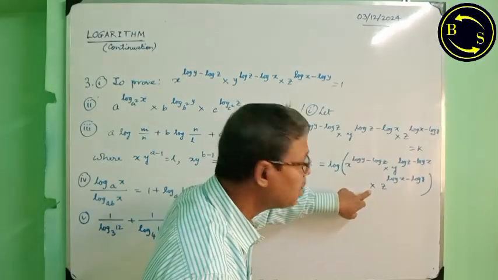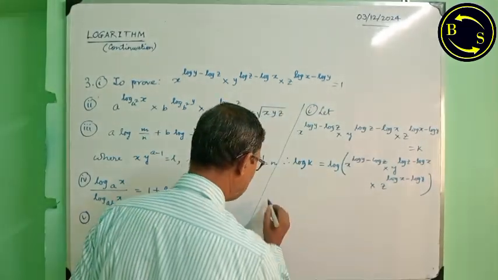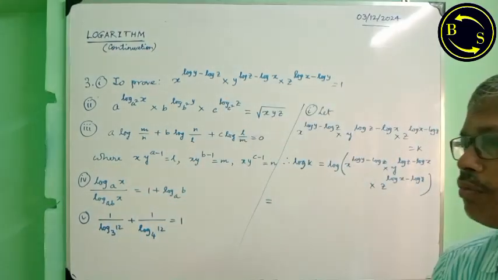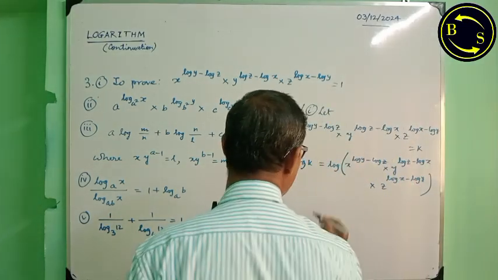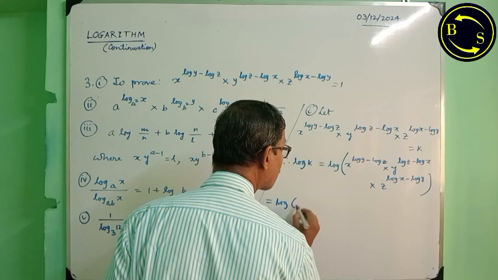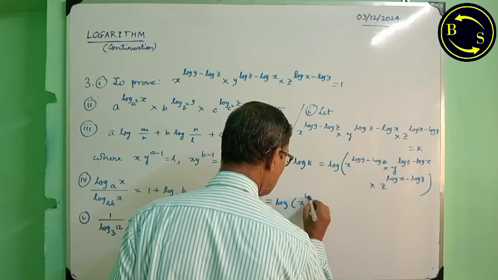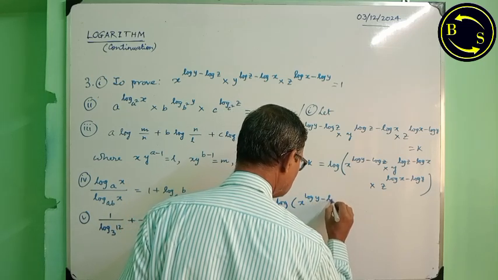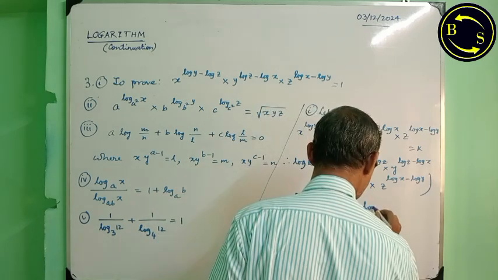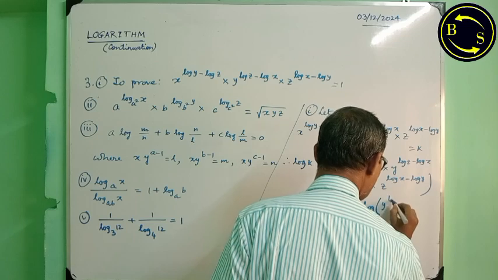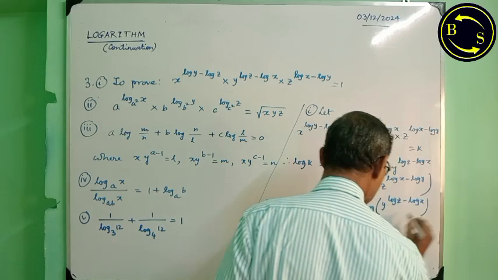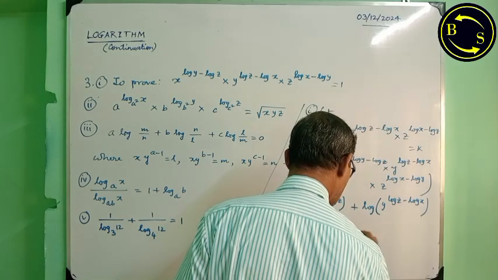First of all, product. Therefore, as per the formula, log of AB is equal to log A plus log B. It will be log of this one plus log of this one plus log of this one.